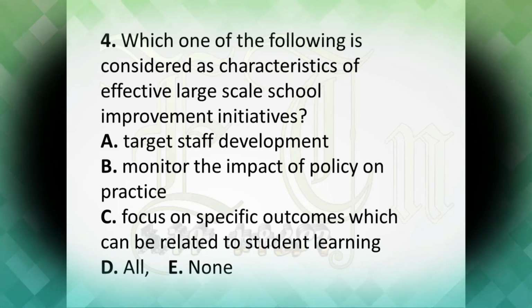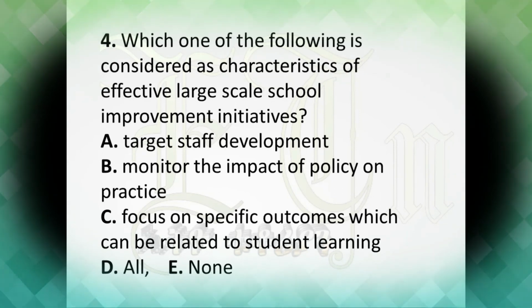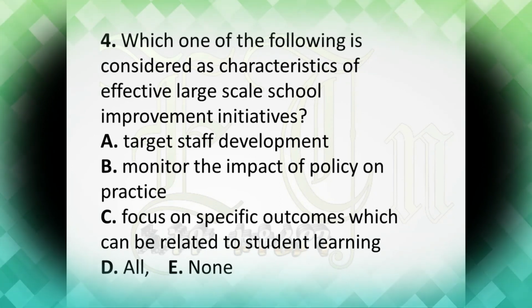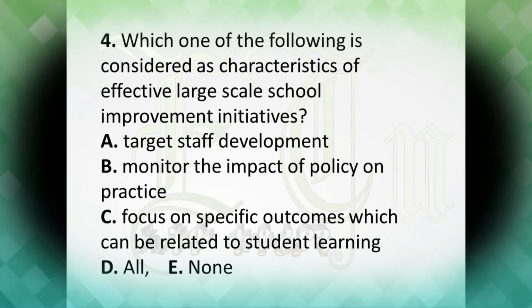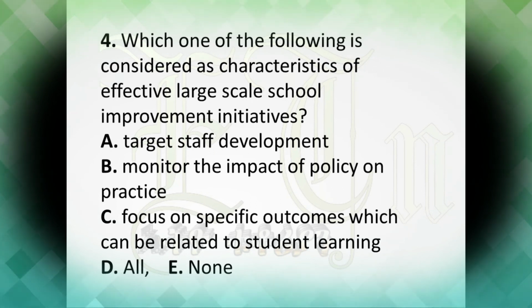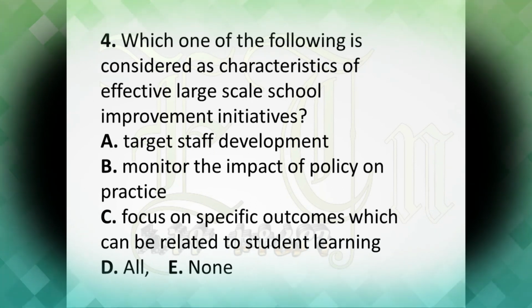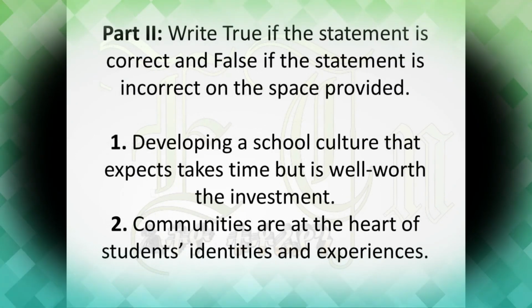Which one of the following is considered as characteristics of effective large-scale school improvement initiatives? A. Target staff development, B. Monitor the impact of policy on practice, C. Focus on specific outcomes which can be related to student learning, D. All, E. None.